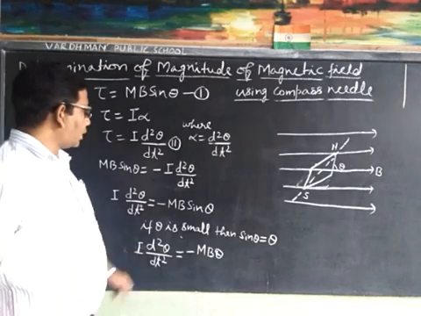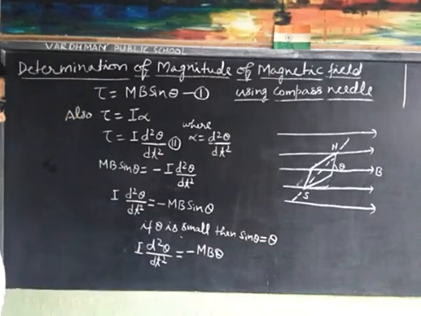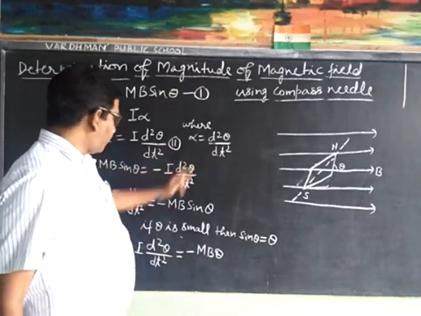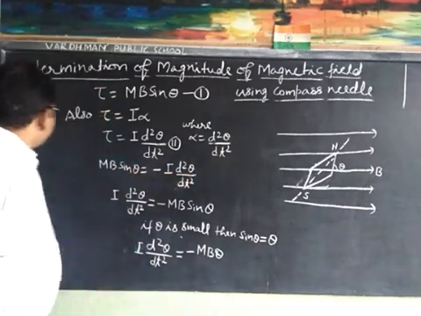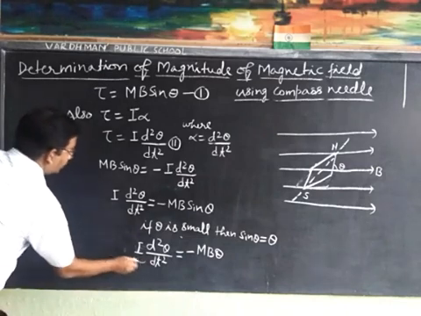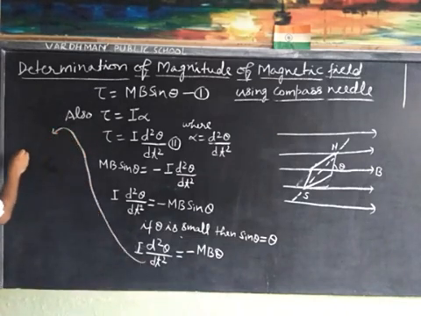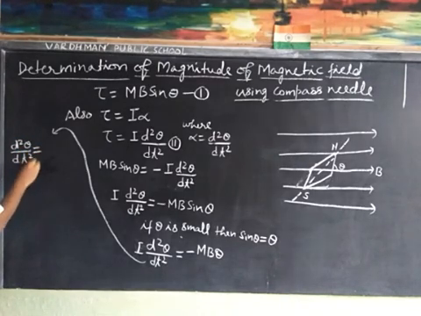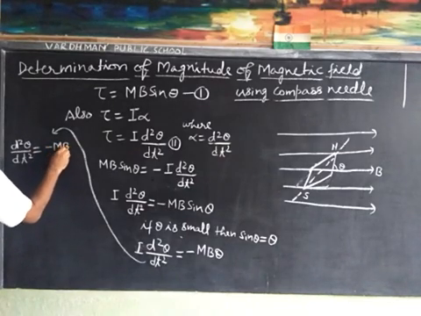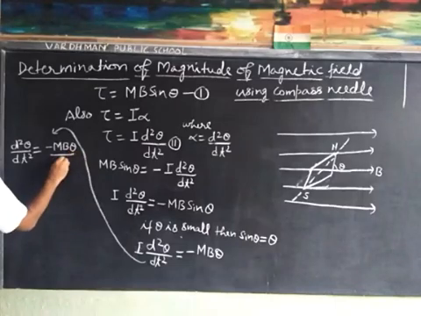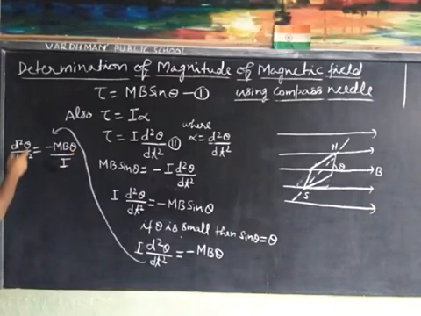So d square theta upon dt square is equal to minus mB theta upon I. What is d square theta upon dt square?